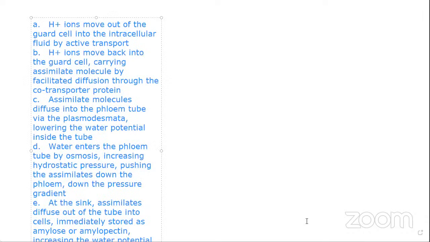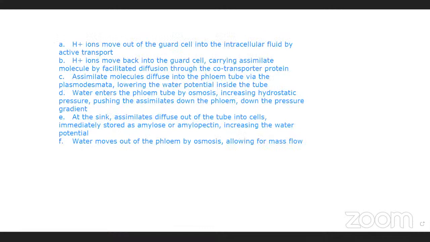I'll give you a couple of minutes to go through that, and we'll start again at 35 past. So that's the end of mass flow. If anyone has any questions about that, feel free to put them in the chat, and we'll get started with the last bit, which is evidence, in 2-3 minutes.